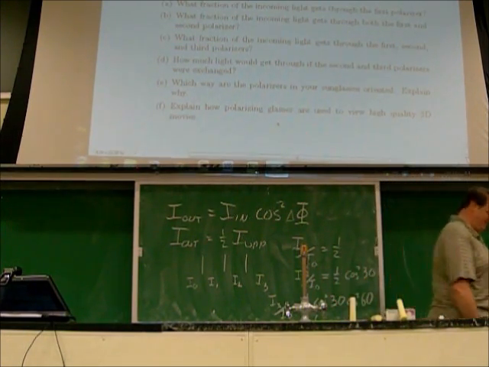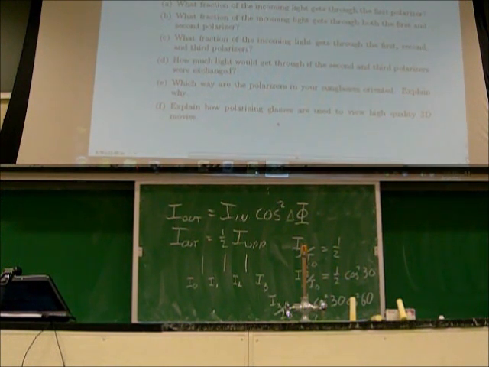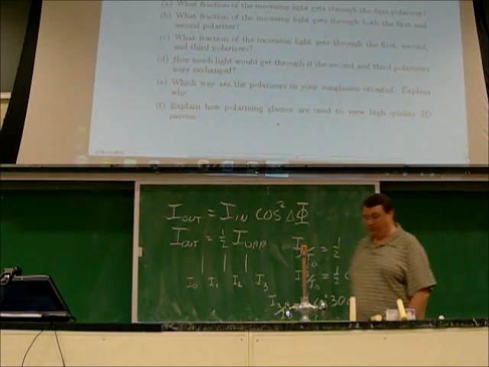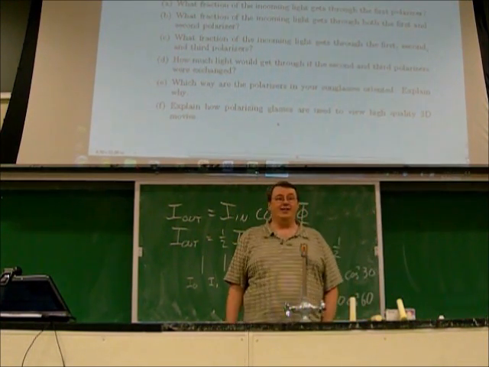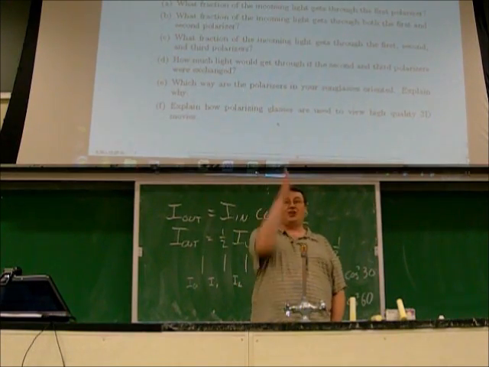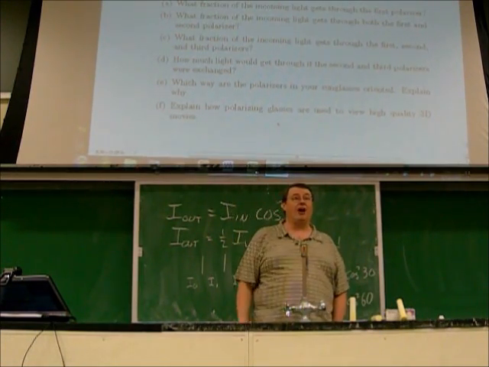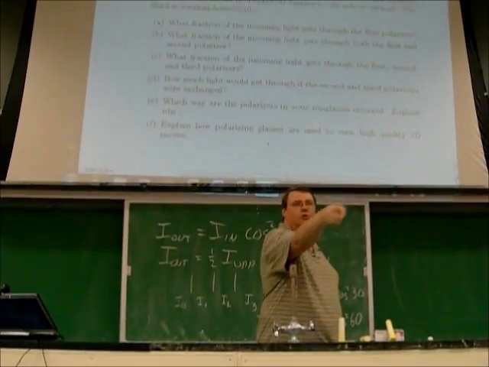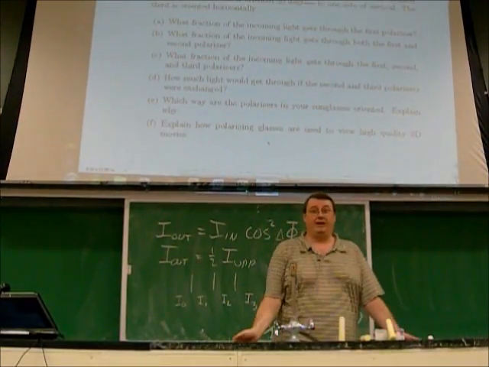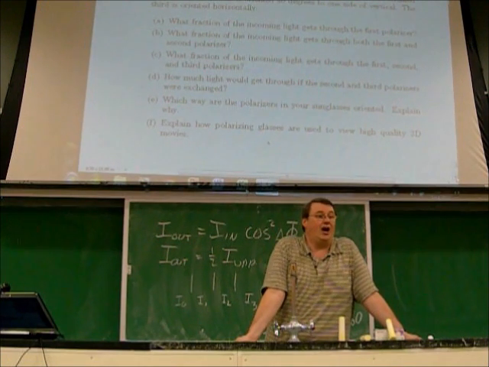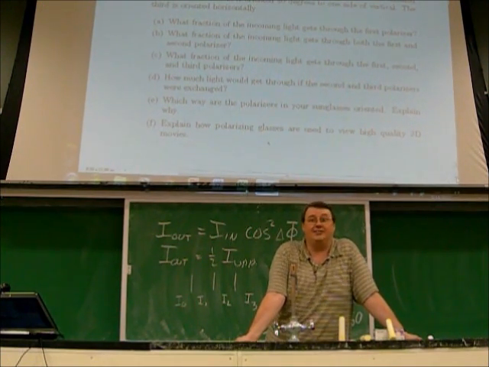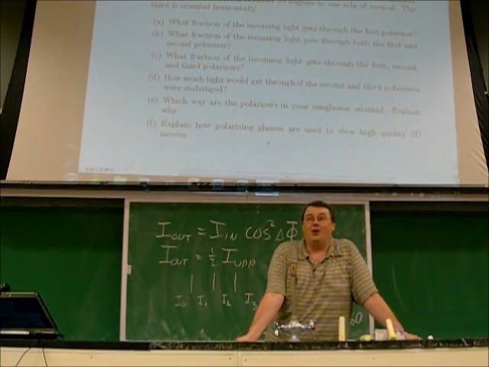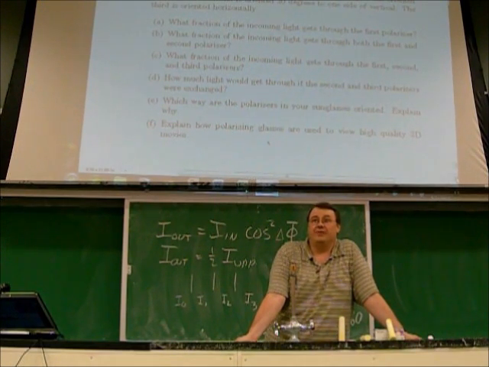And then circular polarization. Okay? There is a form of polarization called circular polarization. And circular polarization doesn't mean just up and down or just left and right. It means that the polarization is turning like a corkscrew as the light propagates. Now, there are two kinds of circularly polarized light. Clockwise and counterclockwise.